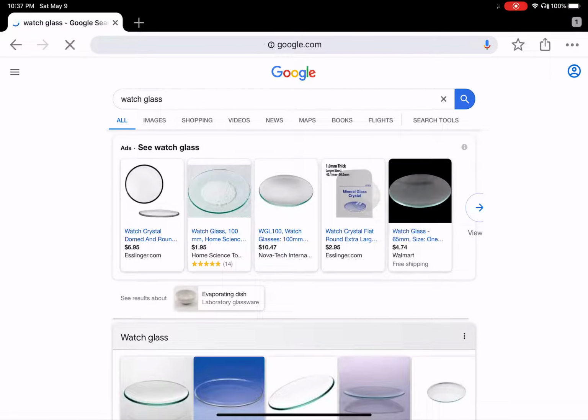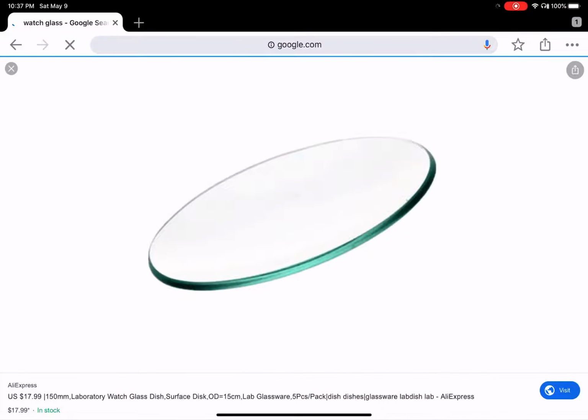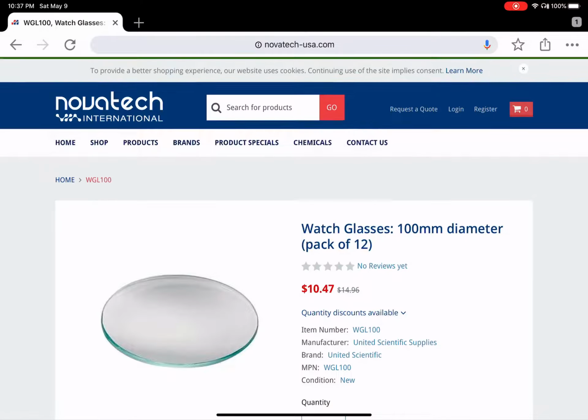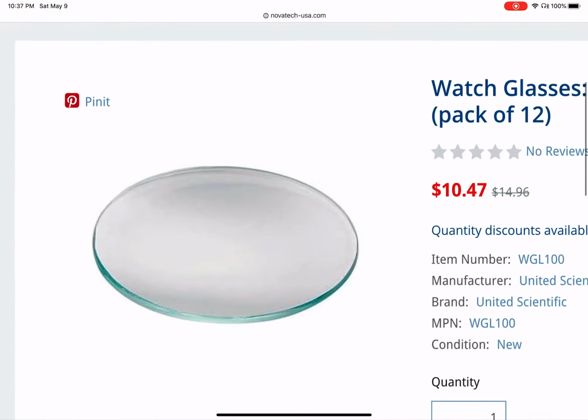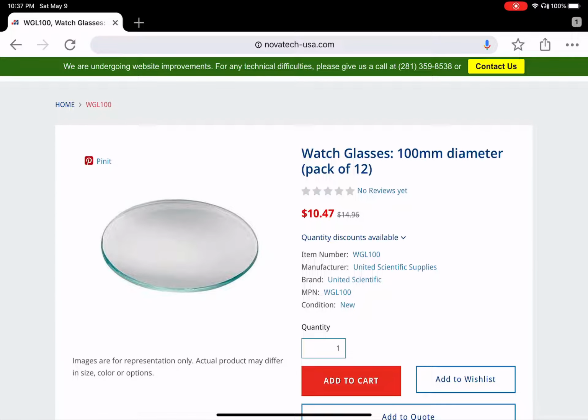All right, so this is what a watch glass is. It's kind of hard to describe, actually. So this is what we have at all the benches in the lab. Oh, and here, the information on how to purchase one yourself. Please don't go and purchase one yourself. But anyways, we have these out at the benches for you, and we just ask people to breathe on them.